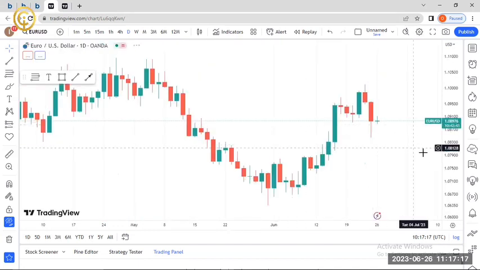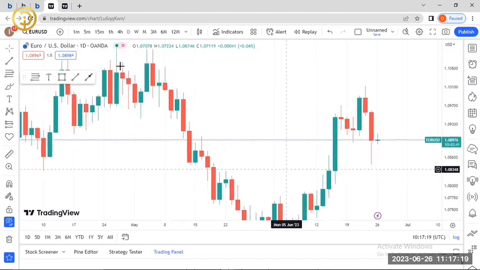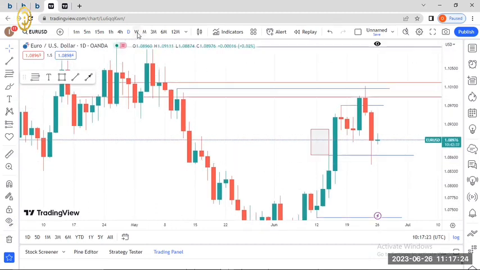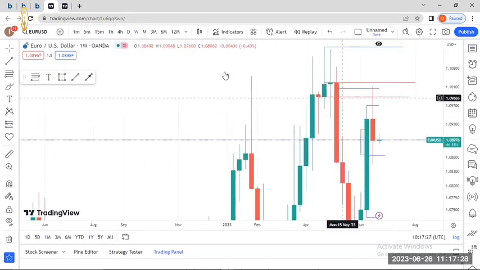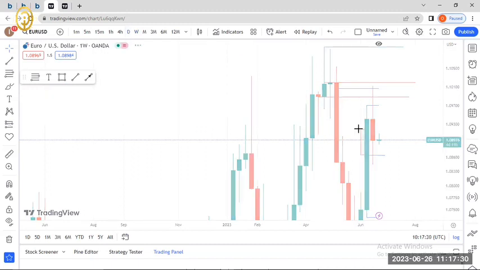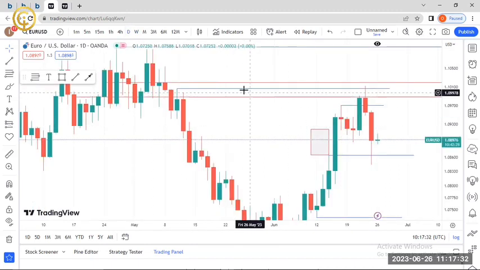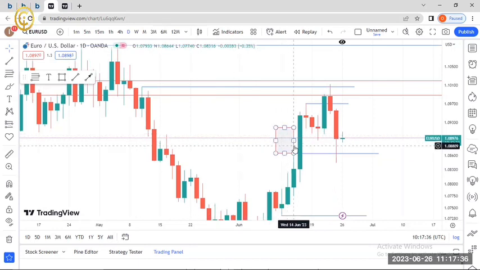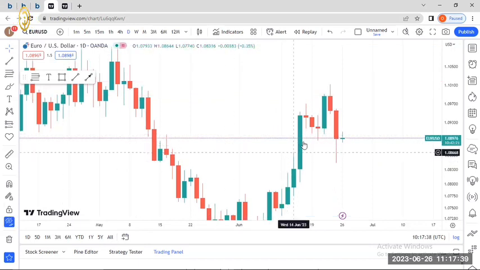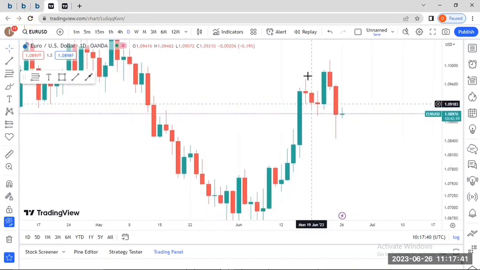The same thing we saw for the Euro USD. Euro USD went to a weekly level, which was a bearish order block here, and the daily high was being taken out. We had retraced to a fair value gap on the daily time frame and made a higher high.